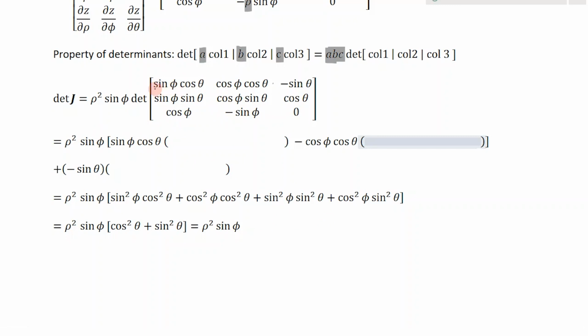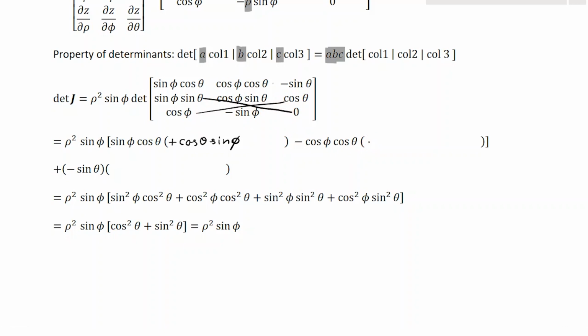So you see I have sine phi cos theta, and then I have this determinant. So this guy gives us 0 minus this product, but with this minus it becomes a plus. So we have plus cosine theta sine phi, minus this times this product. This gives us 0.